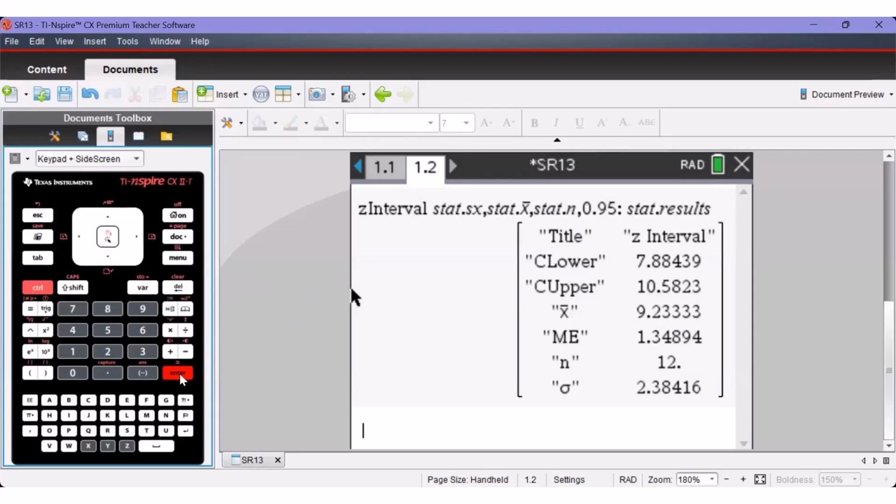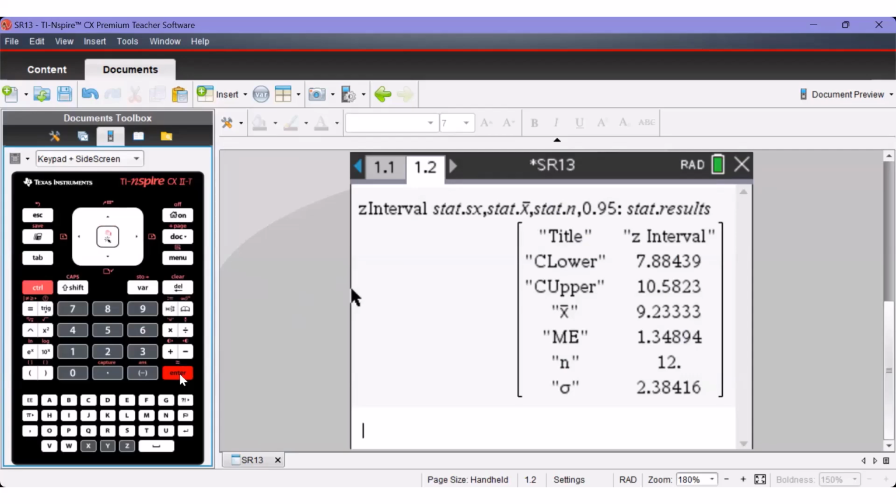Notice there that our sample mean is denoted as 9.233, etc. ME stands for the margin of error, and basically that gives you a measure of the width of the confidence interval.